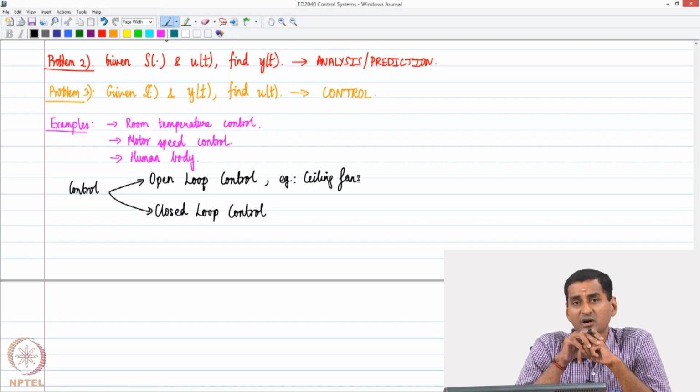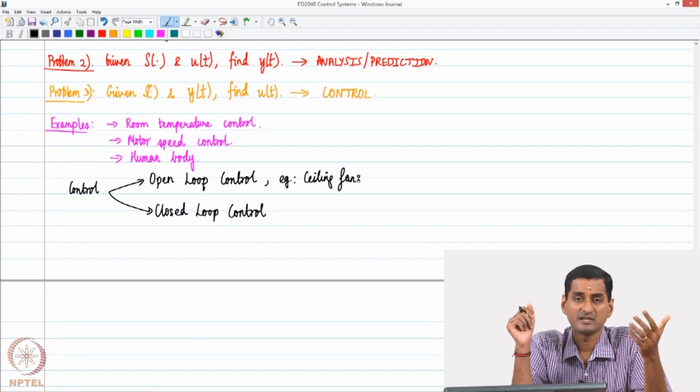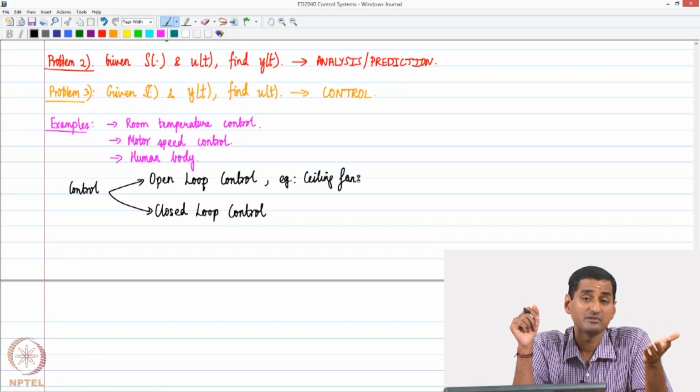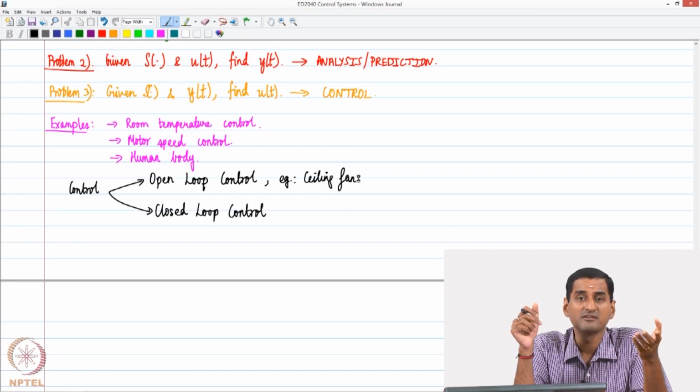Okay. So that is an open loop controller in the sense that it cannot account for any disturbances, right, which come during the operation of the fan. See, for example, if there is a voltage fluctuation, then the output of the fan, or the speed of rotation of the fan, is going to fall down, or go up depending on whether the voltage is falling down or going up, all right. Then the question is that I lose certain performance, right, but the question we need to ask ourselves is whether it is important for a ceiling fan, right.